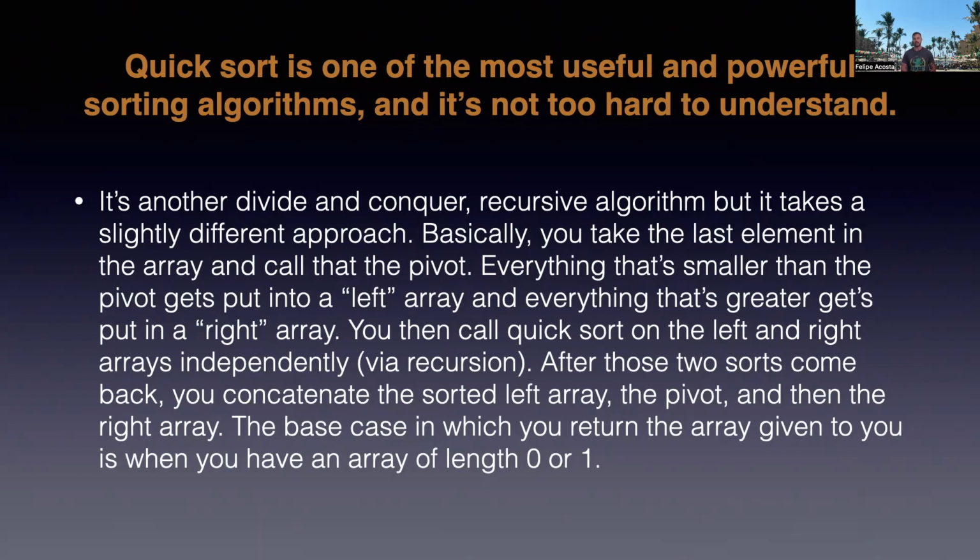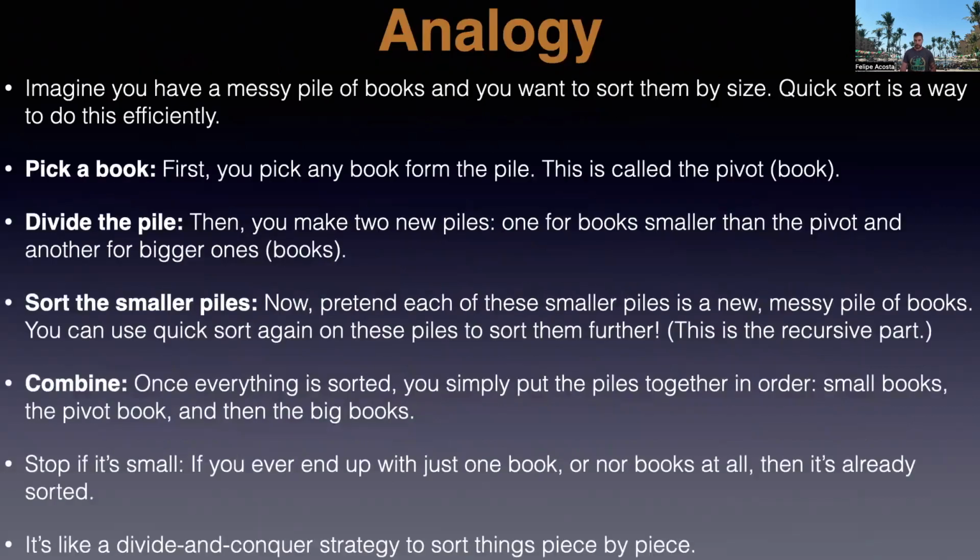You then call Quicksort on the left and right arrays independently via recursion. After those two sorts come back, you can concatenate the left array, the pivot, and the right array in that particular order, right? And the base case, of course, which ends the recursive calls, is when you have an array of length 0 or 1.